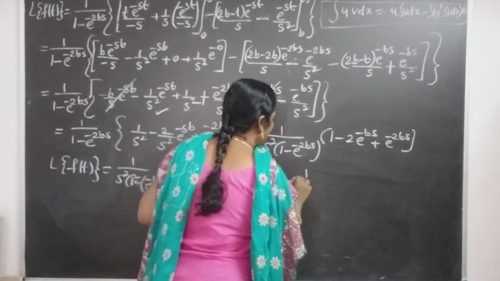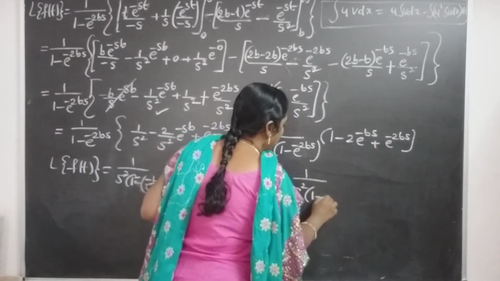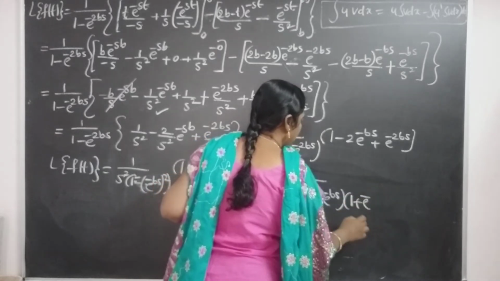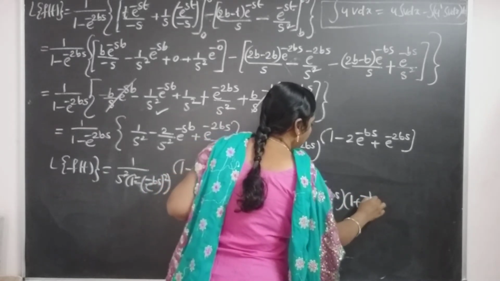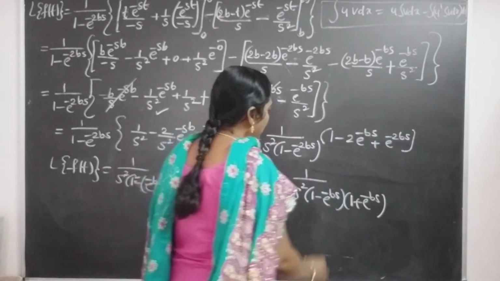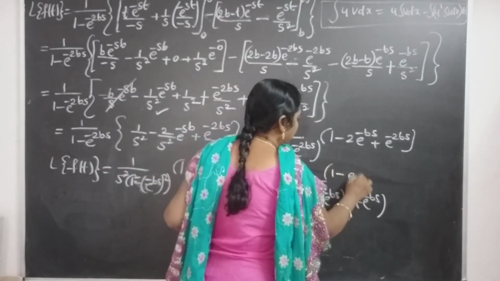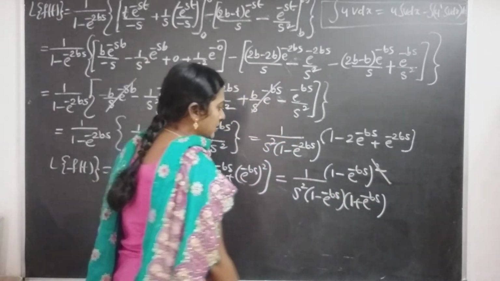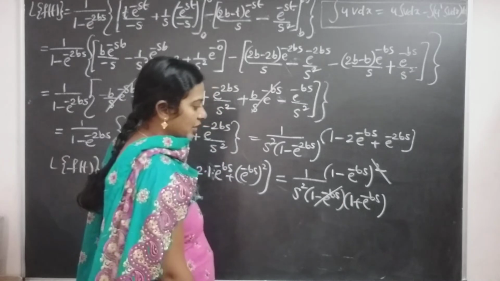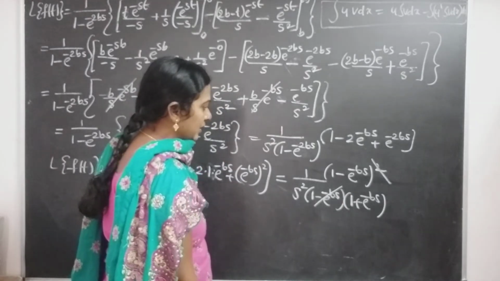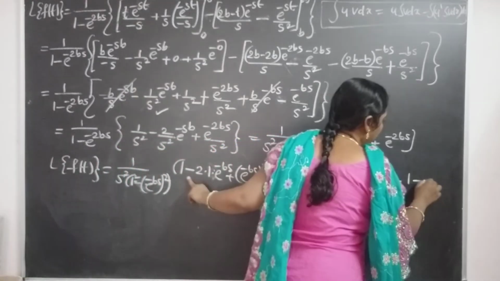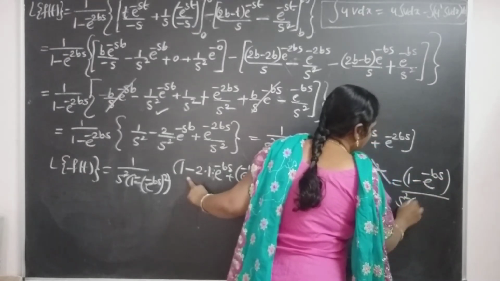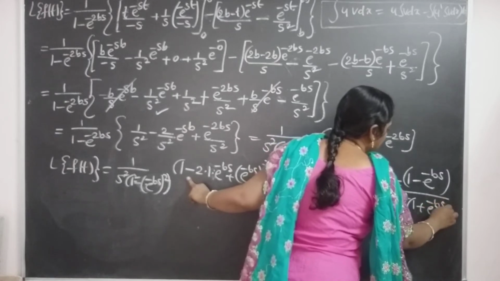It is equal to 1 by s square into 1 minus e power minus bs into 1 plus e power minus bs. It is in the form of 1 minus e power minus bs whole square. 1 minus e power minus bs cancels. It is equal to 1 minus e power minus bs by s square into 1 plus e power minus bs.